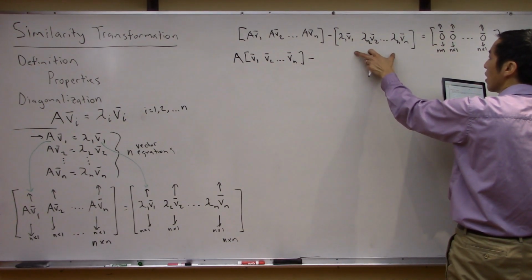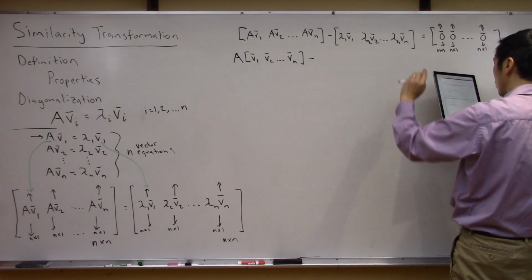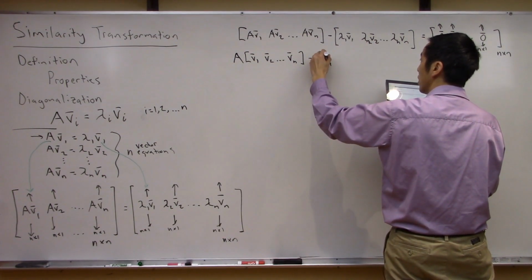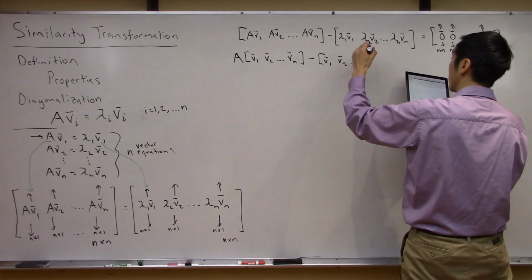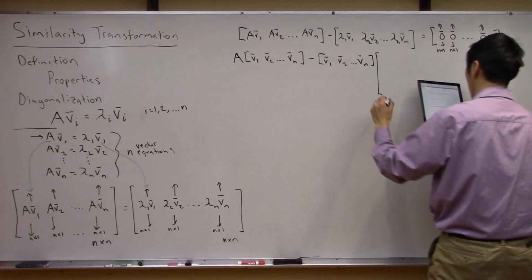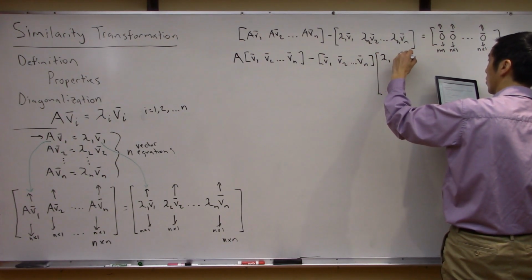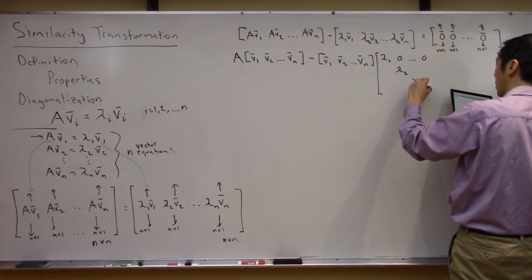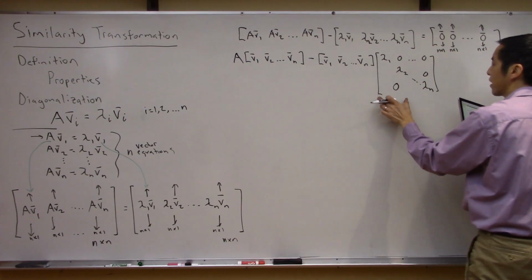So if you stare at this n by n matrix long enough, you'll see that you could write this whole thing as V1, V2, all the way up to Vn, times a diagonal matrix, which is lambda 1, lambda 2, all the way down to lambda n on the diagonal, and zeros elsewhere. So you can write it as a diagonal matrix.